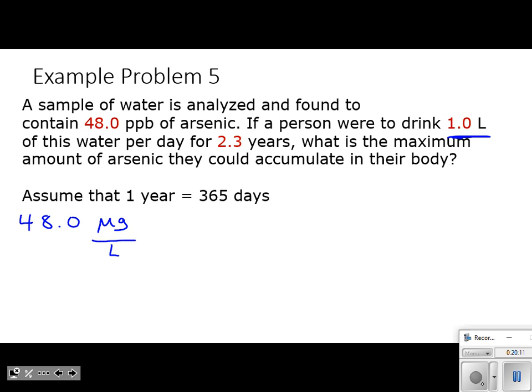That's great. However, when we're talking about the amount, I want that in either milligrams or grams. In this instance, I'm going to put it into grams. So I have to make a conversion to get this into grams per liter. Now, that's going to be a really, really small number.